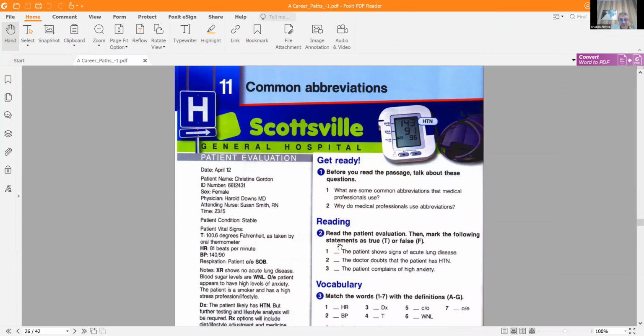Abbreviations are a very important part in the medical procedures, because people don't use the long or the whole expressions. So say ER room. What is ER? ER, it means emergency room. So we don't say emergency room, we say ER or the CPR.